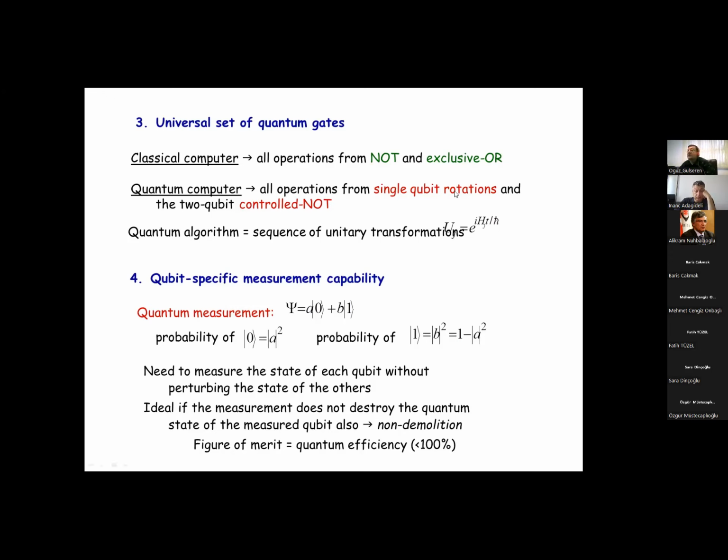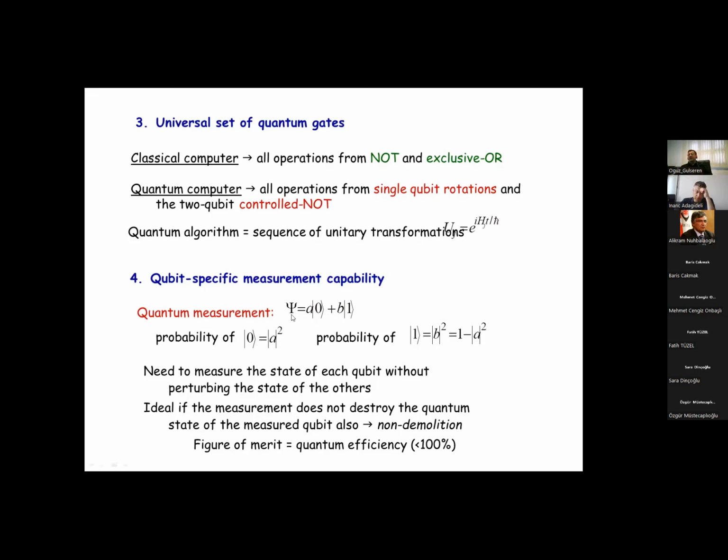So with single qubit operations, just based on rotations, and the 2 qubit for the control NOT using the entangled property of the 2 qubit operation there. Then fourth is readout: you have to be able to measure in the correct way without perturbing the states of the other qubits and so on.